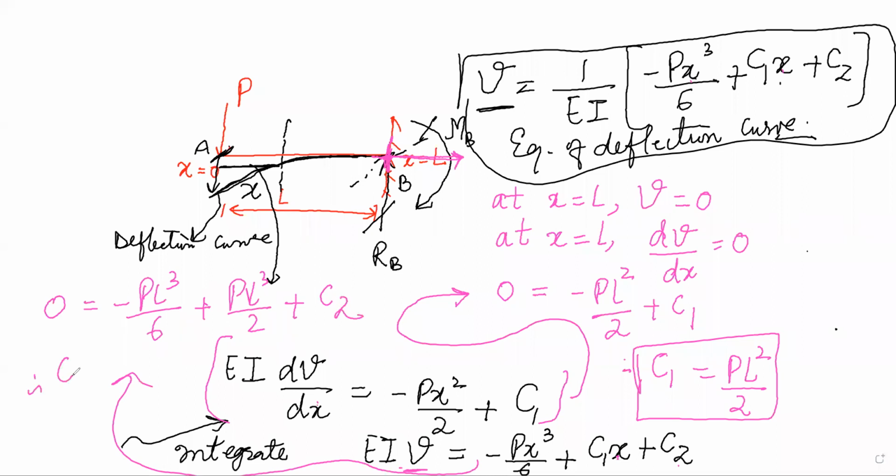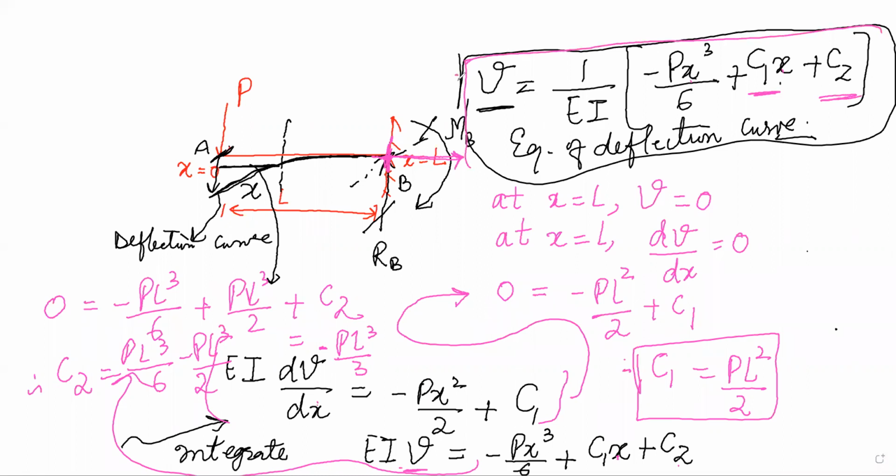Therefore, C2 becomes PL³ by 6 minus PL³ by 2, which is equal to minus PL³ divided by 3. That is C2. So we substitute the values of C1 and C2 in this equation and obtain the equation of the deflection curve.